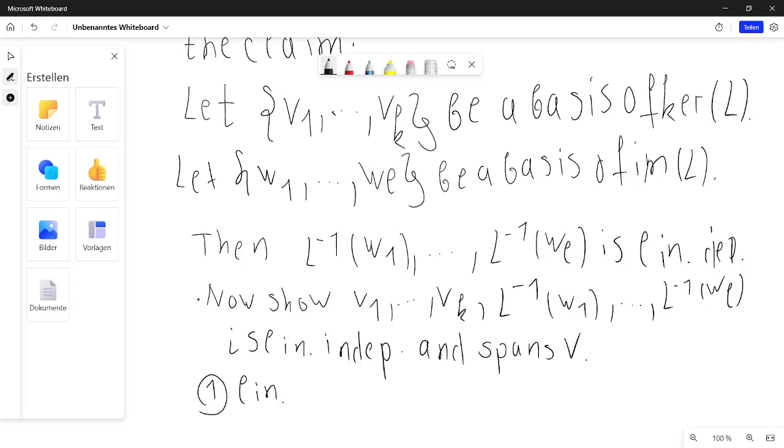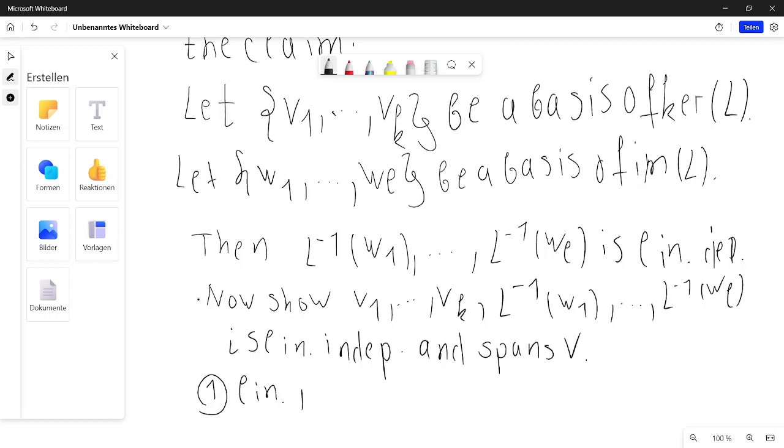So that would be a basis, right? That would be a basis, and the number of vectors in the basis of V is unique, so that would be exactly the number of vectors in a basis of V. That would be exactly k plus l, and that would be exactly dimension of kernel plus dimension of image, and that would be exactly dimension of V, because that is the basis of V. So the total number of vectors in here would be the dimension of V.